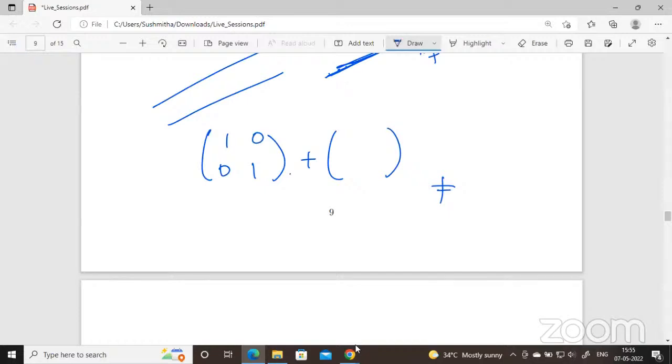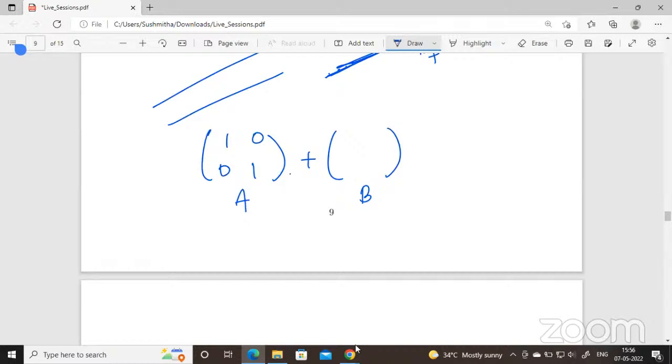Ma'am, can you repeat once again? Your question was determinant of A plus B is not equal to determinant of A plus determinant of B, meaning you wanted an example for that, right? Take A equal to this.